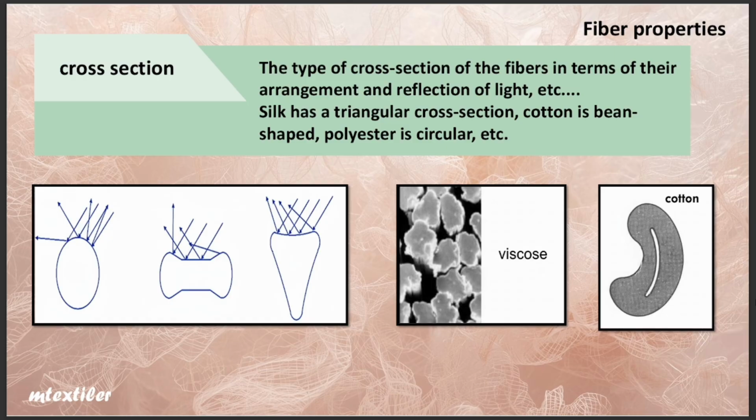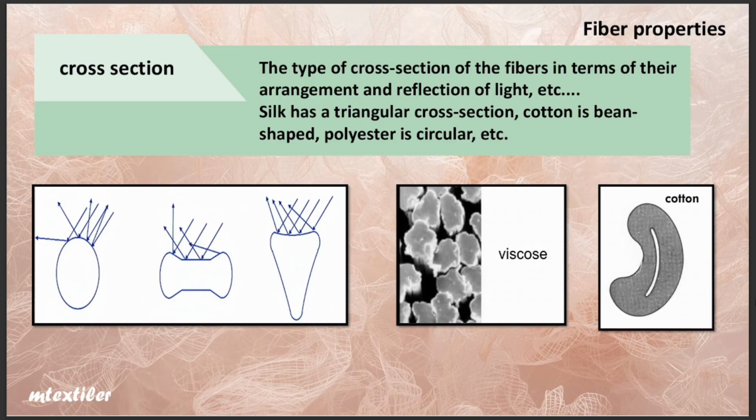Different fibers, depending on their type, have different cross-sections. For example, cotton has a bean-shaped cross-section, viscose has a star-shaped cross-section, silk has a triangular cross-section, and synthetic fibers, because they are extruded from a spinneret in their specific spinning processes, can have circular, triangular, or other cross-sections, creating different properties and characteristics.